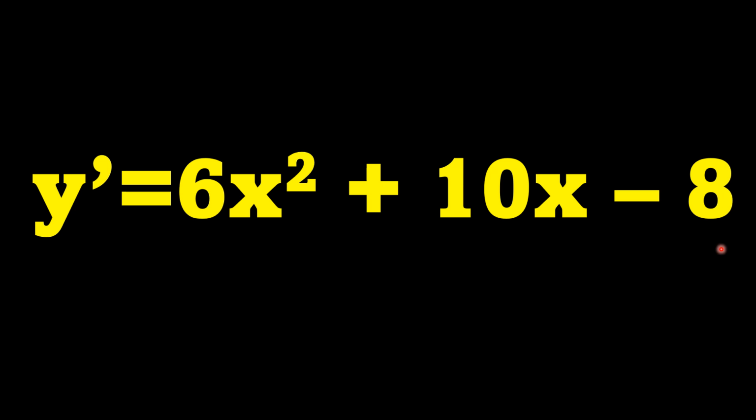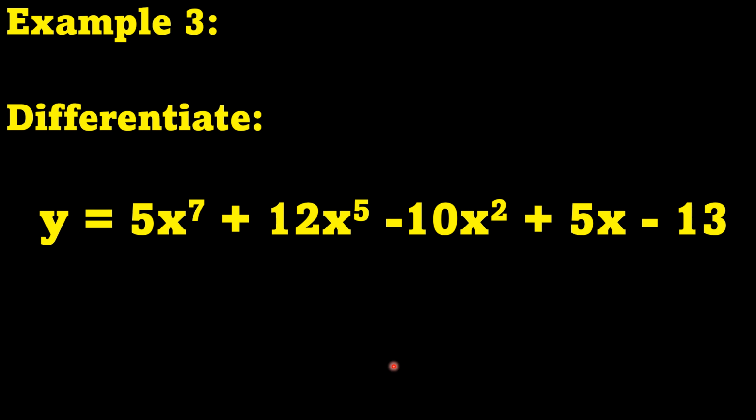Okay, so let's have more. One last. We have here example 3. Differentiate y equals 5x to the 7th plus 12x to the 5th minus 10x squared plus 5x minus 13. Okay, so I will give you 30 seconds.